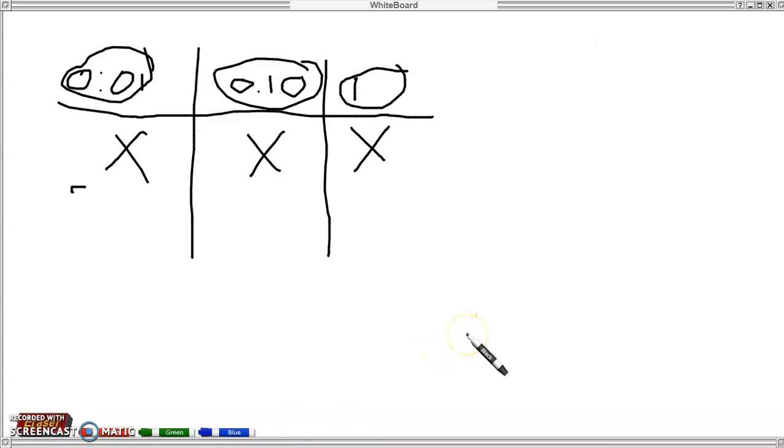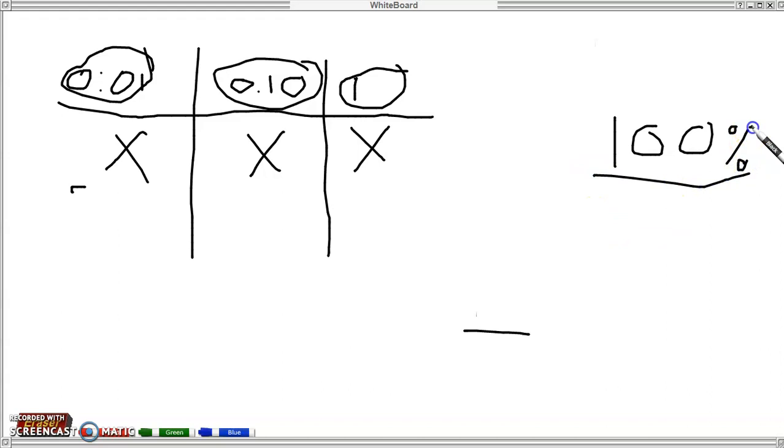So if I enter here, for instance, I have a $100 account. This is my entry point.